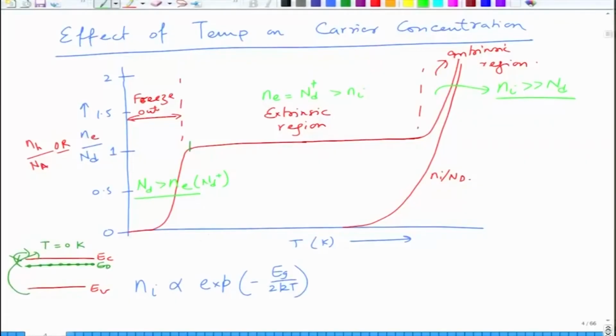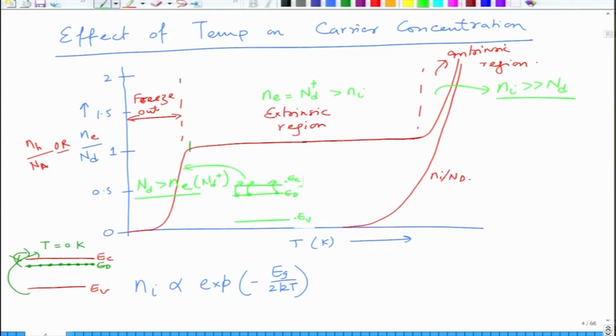What happens at low temperature, for example? We looked at 0 Kelvin. At low temperature, this is the valence, this is EC, EV, ED. You had some electrons hopping over here, and this will perhaps correspond to this state.